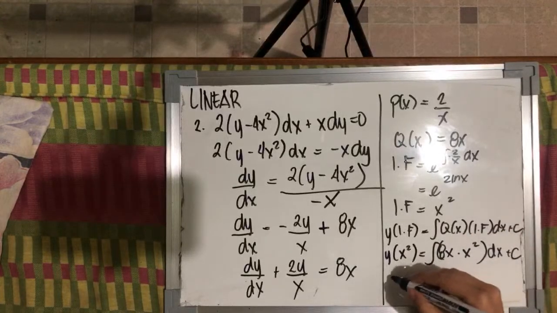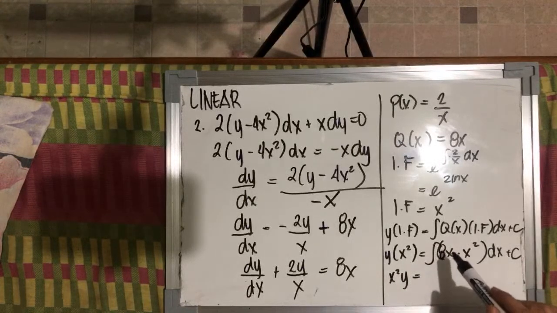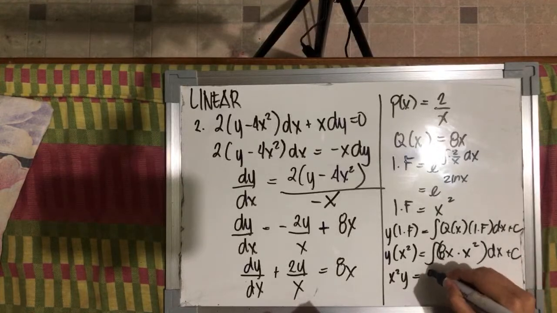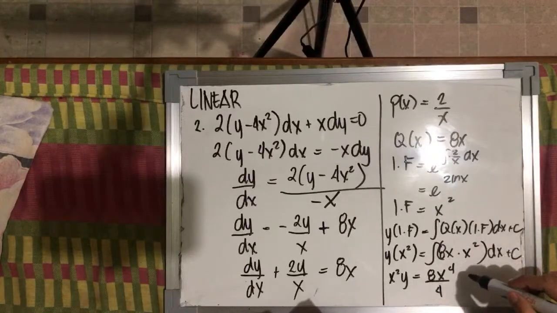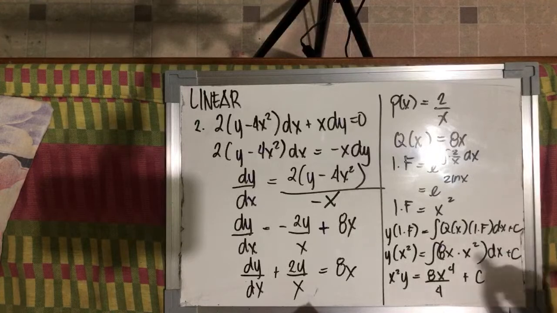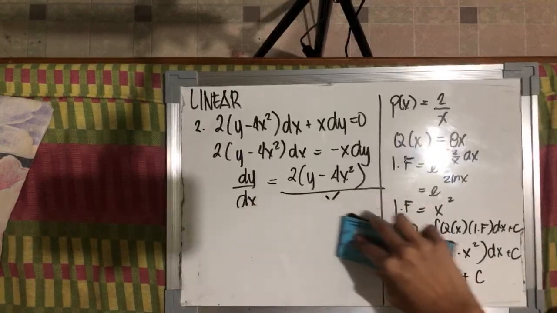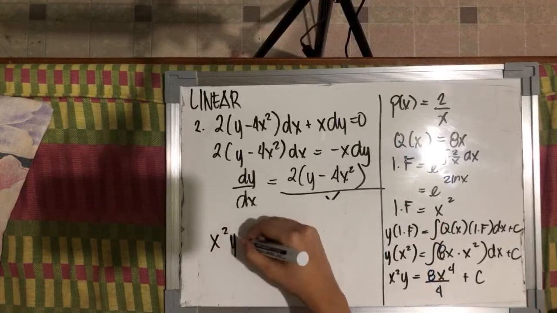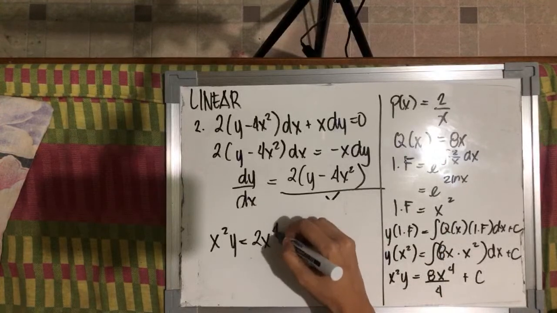This becomes x squared y is equal to 8x cubed. When I integrate it, it becomes 8x raised to 4 over 4 plus c. So, the final answer is x squared y is equal to 2x raised to 4 plus c.